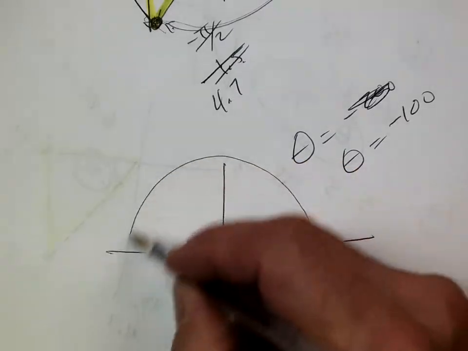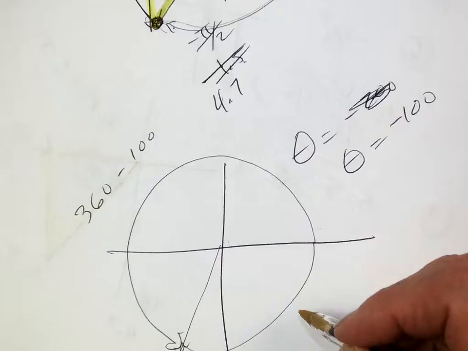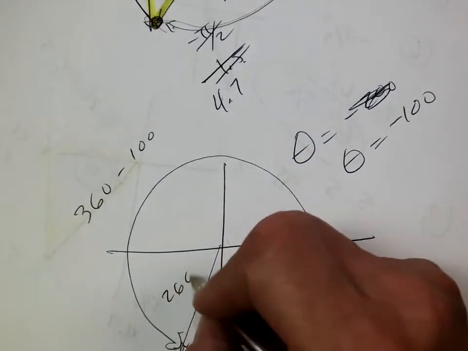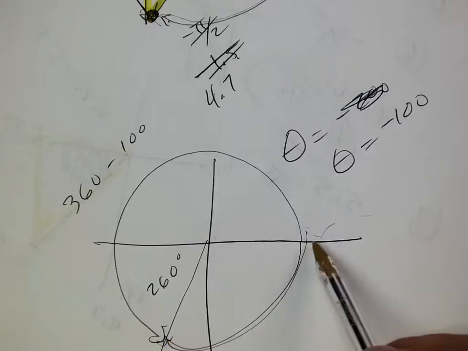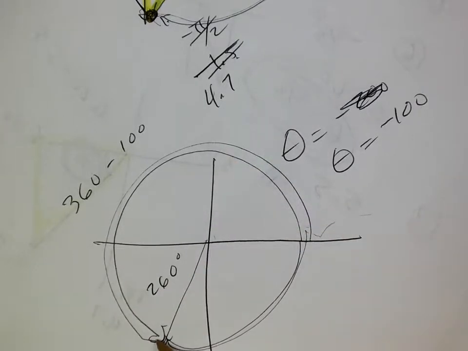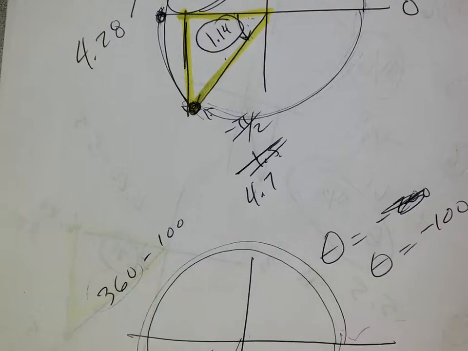Or I could go this way, which would be 360 minus the 100, which would put me at 260 degrees. Negative 100 is backwards, or positive 260 is this way. So that's the first thing I did: I changed the negative angle into a positive angle. In this case, I took 360 minus that 100.